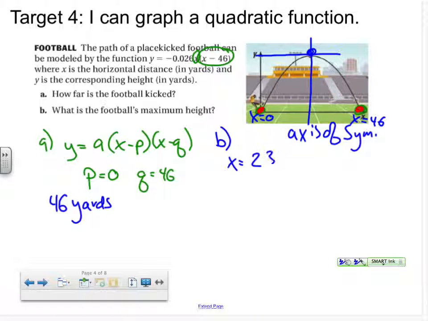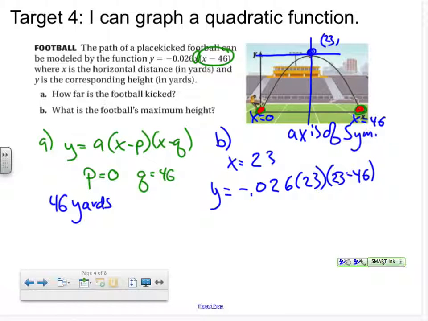We see that the maximum height happens 23 yards downfield. And then we can plug that in. y equals negative 0.026 times 23 times 23 minus 46. All right? We will calculate those out.